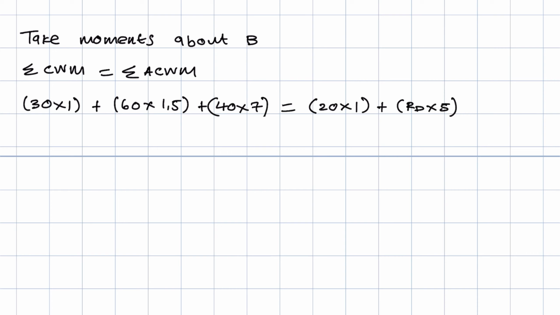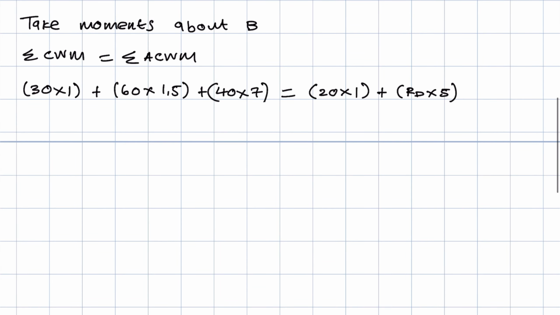Times the 5, right? Now on the right hand side we have 5 RD plus the 20 is equal to, and then if you calculate what was on the left hand side, what do we get? We get 400, right?